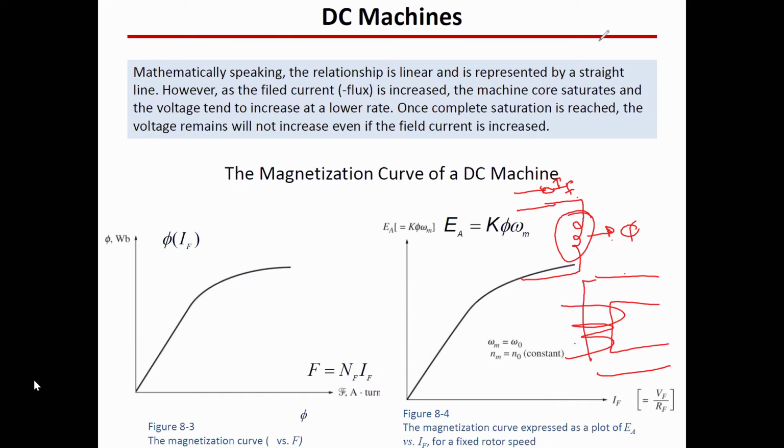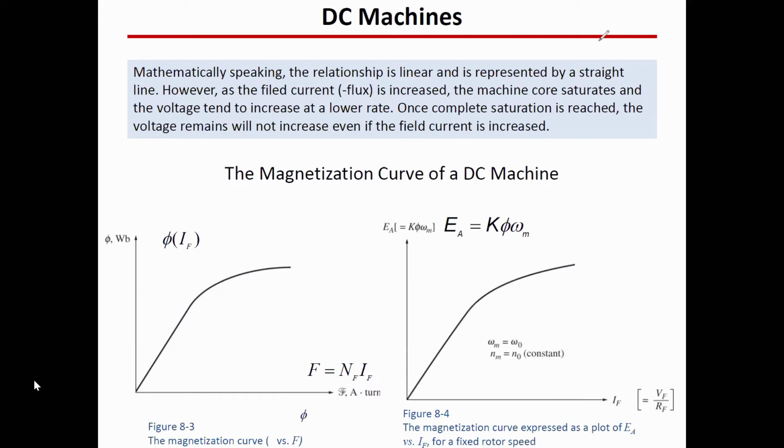Doctor, doesn't it make more sense to plot the EA, the voltage, versus IA, the armature current? Yeah, if we are talking about load characteristics, yes. But here we are talking just about the relation between IF and EA, which is basically like linking the input applied to the field circuit and the output caused because of this flux.